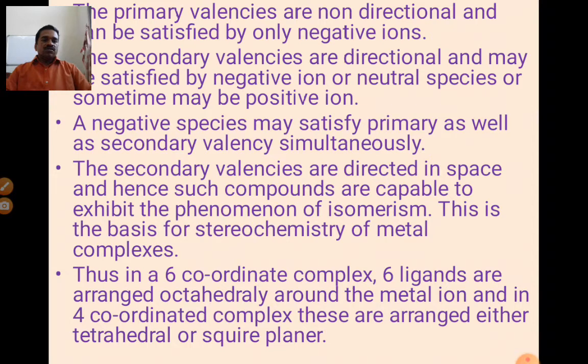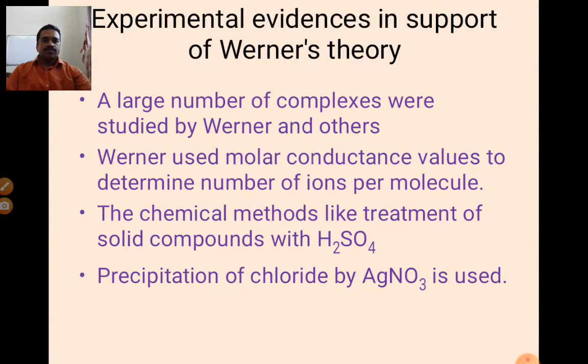Thus, in 6-coordinate complexes, 6 ligands must be arranged octahedrally around the metal ion, and in 4-coordinate complexes, ligands may be arranged either tetrahedrally or square planar depending on the hybridization. These assumptions were tested experimentally, and the experimental evidence supports the points made by Werner.